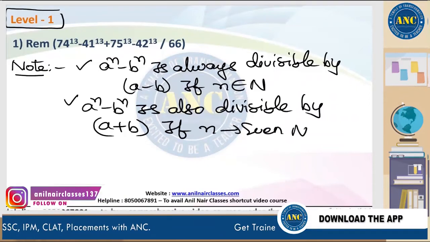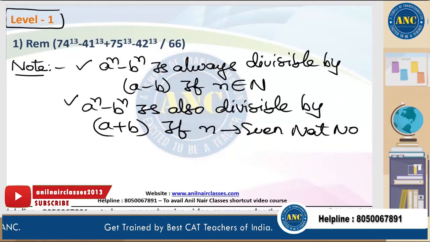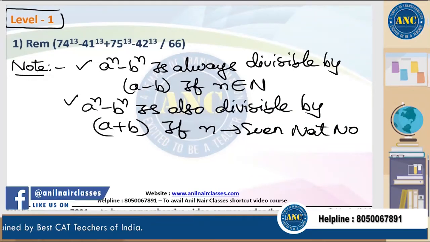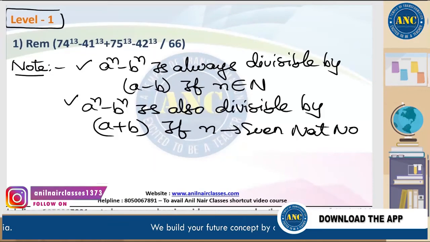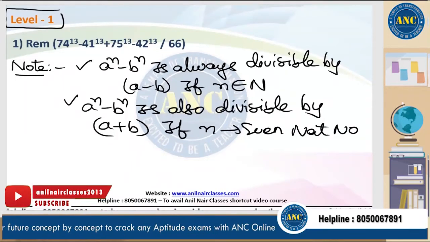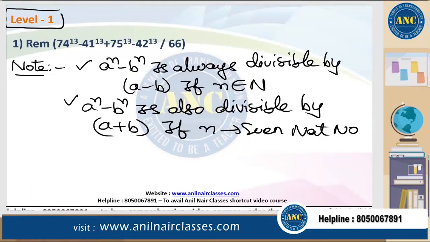Write down in the same order whatever I am specifying. A power n minus b power n. A square minus b square is a minus b into a plus b. A cube minus b cube is a minus b into a square plus ab plus b square. In both these terms a minus b is a factor.